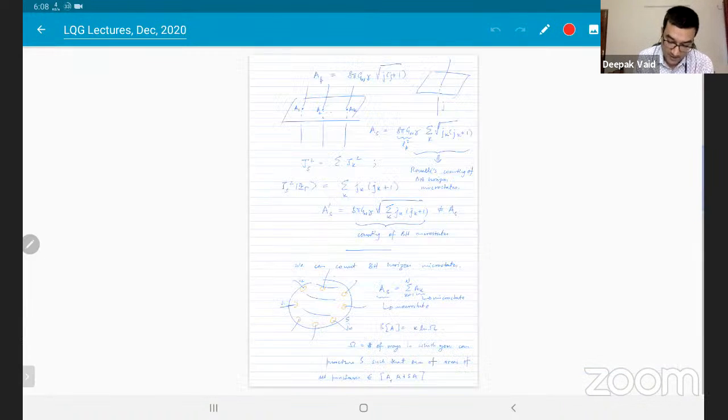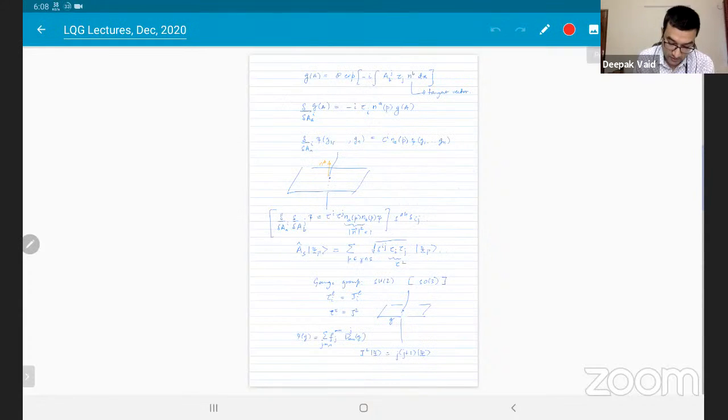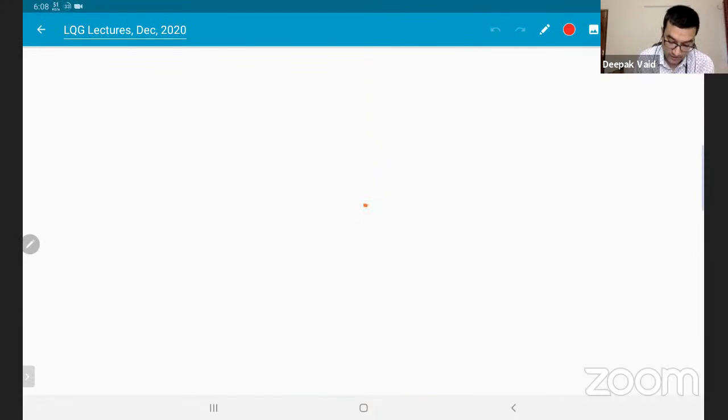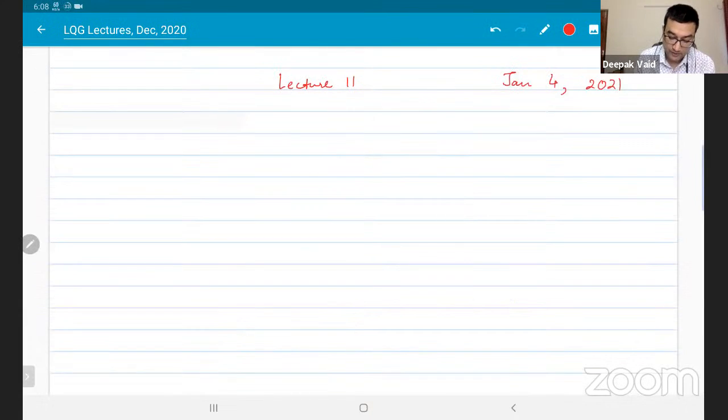Okay, so last time we talked about the area operator and its application to black hole entropy. Today I intend to go into more detail on this calculation of black hole entropy. There are a couple of things I'll be talking about.